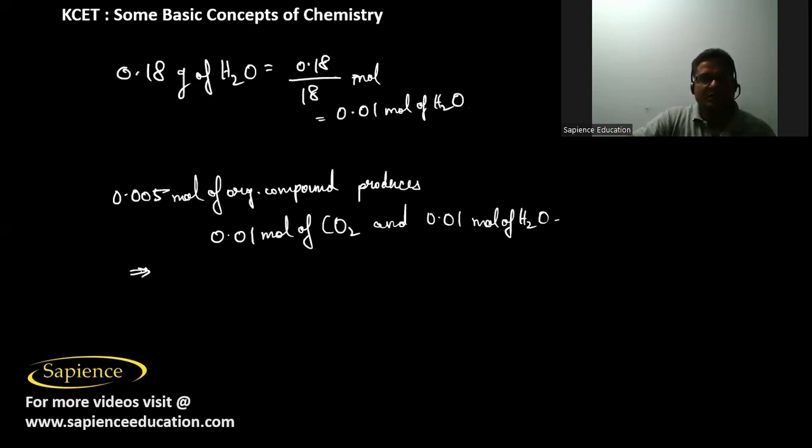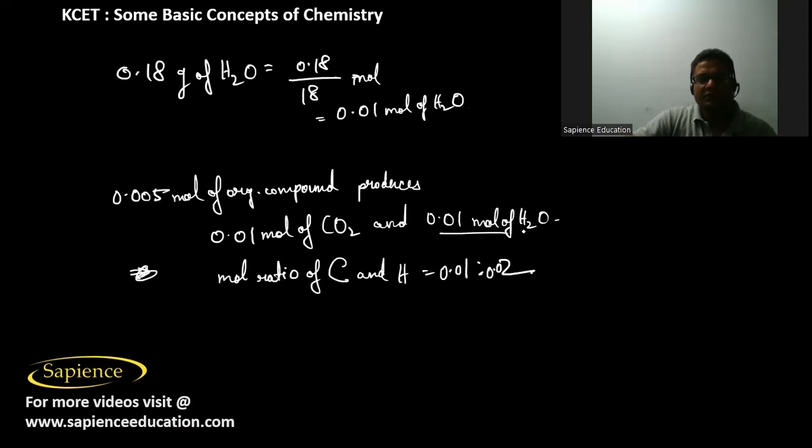So it means the mole ratio of carbon and hydrogen. So it will be 1 is to 2. Why? It will be 0.01 is to 0.02, since 0.01 mole of H2O will have 0.02 moles of hydrogen atoms, and 0.01 mole of CO2 will have 0.01 mole of carbon atoms.